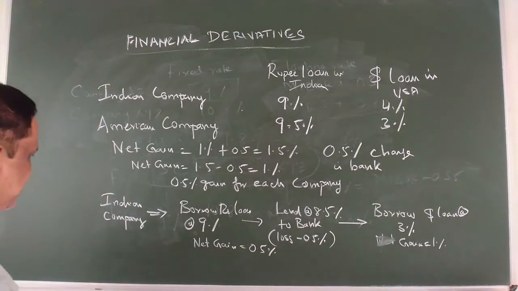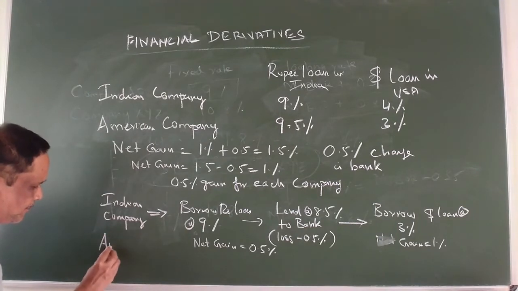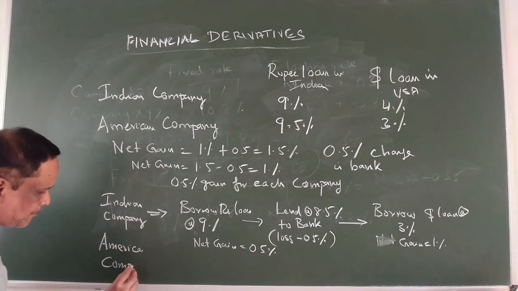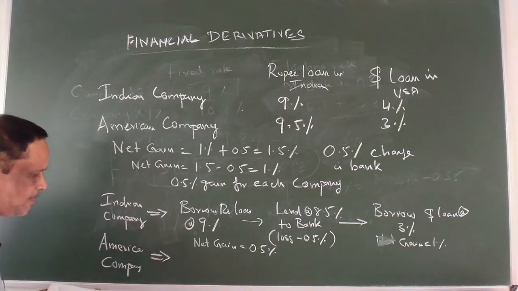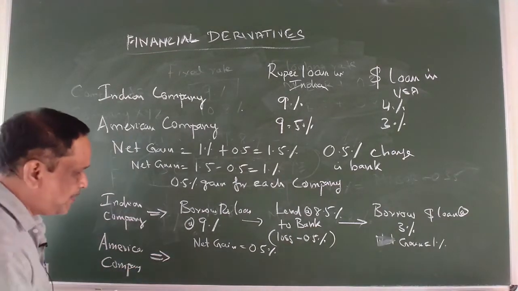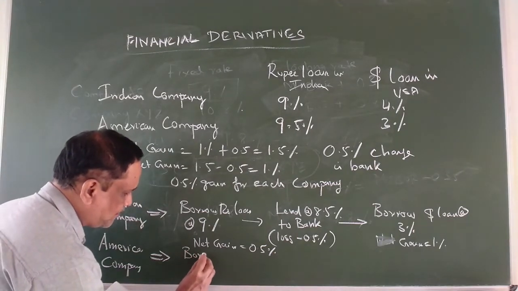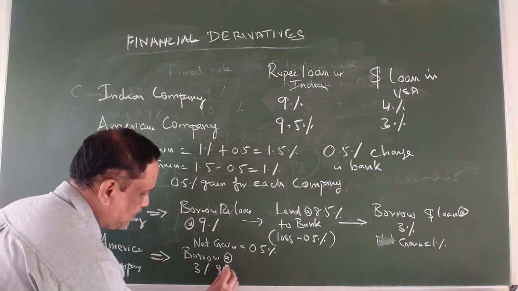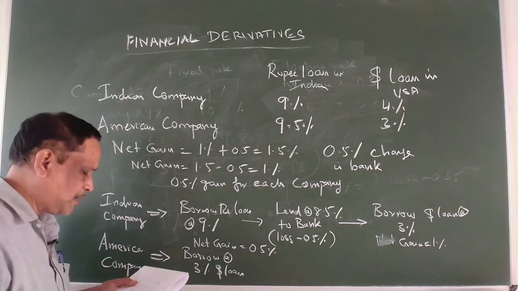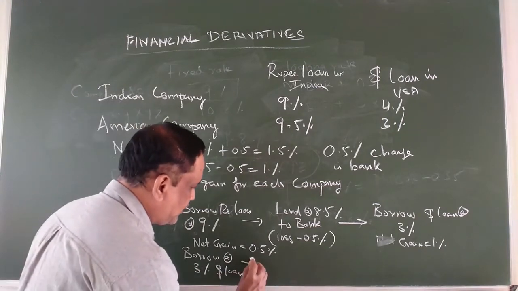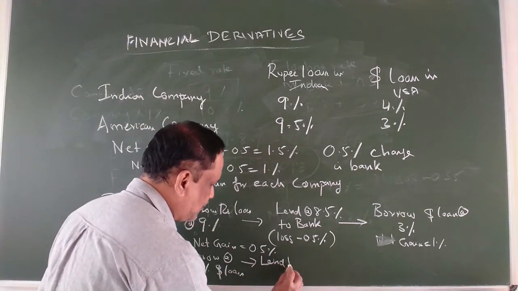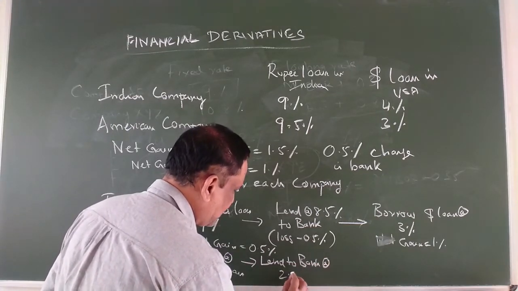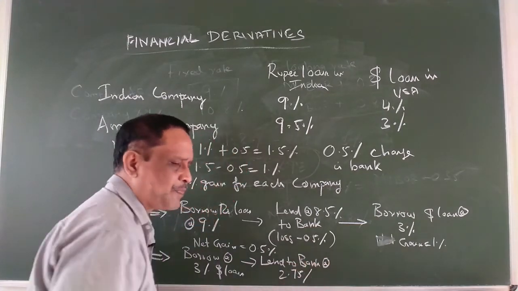Whereas the American company, they will borrow at 3% dollar loan, and they can lend to the bank at 2.75 percentage.